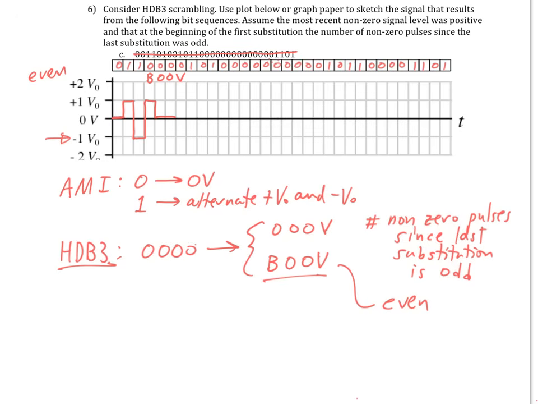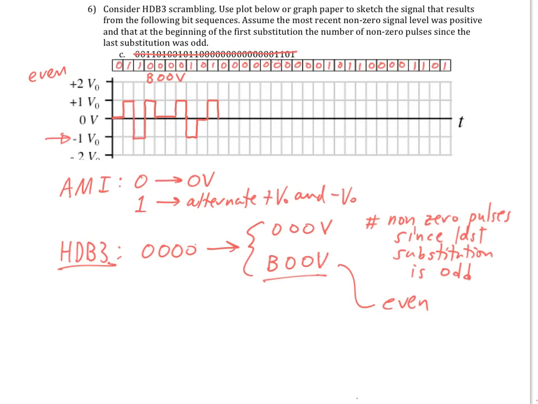And then V is a violation, meaning that instead of alternating plus and minus, I'm going to have 2 pluses in a row. Okay? So a B is like a normal 1 that alternates, and a V is a violation. And so now I have a 1, which gives me a normal bipolar transition, a 0, which gives me 0 volts, a 1, normal bipolar, and now I have 4 zeros in a row again.